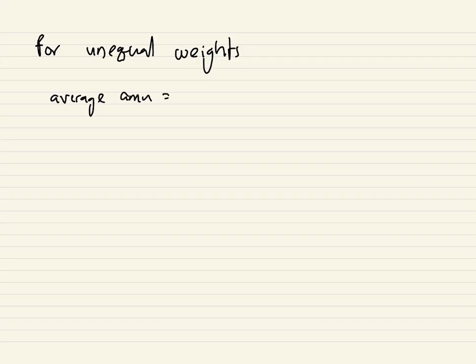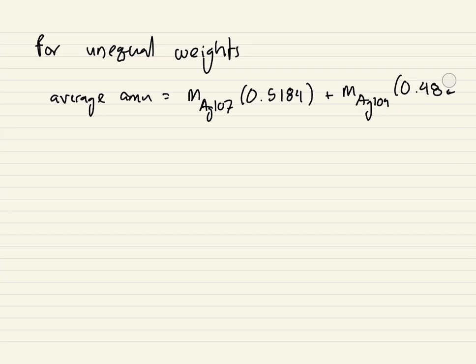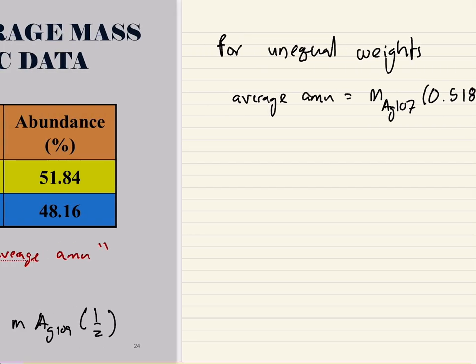So for unequal weights, the average AMU equals the mass of Ag107 times 0.5184 plus the mass of silver 109 times 0.4816. Did I do that right? Yeah.